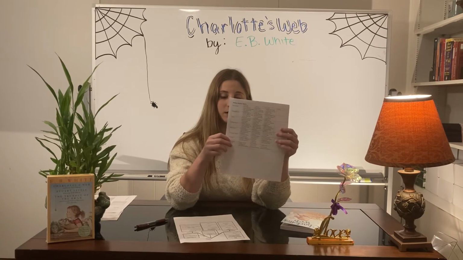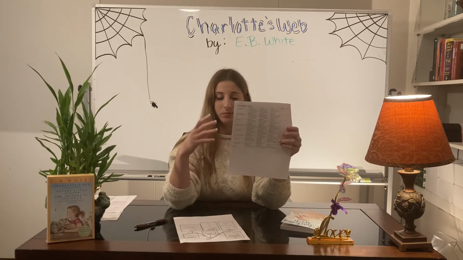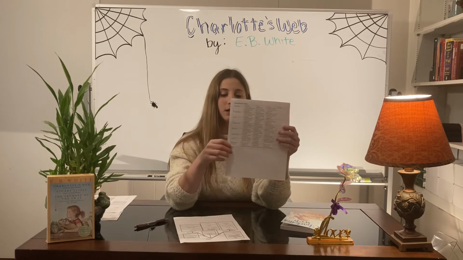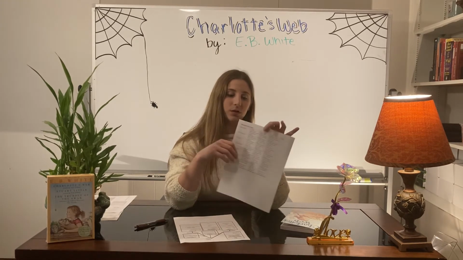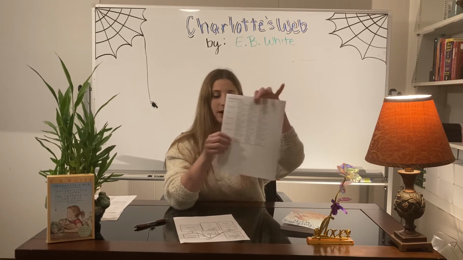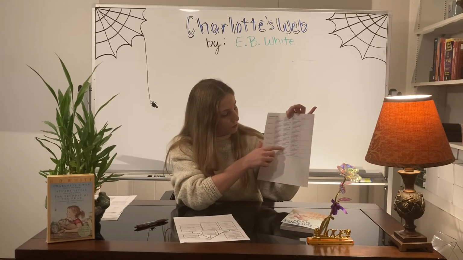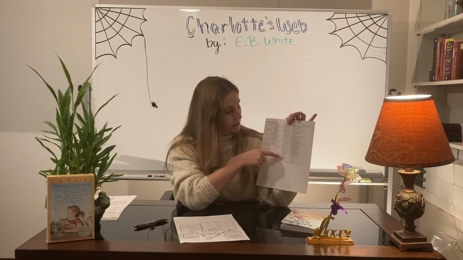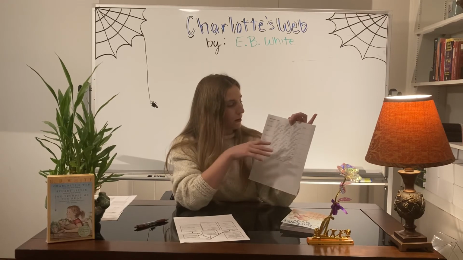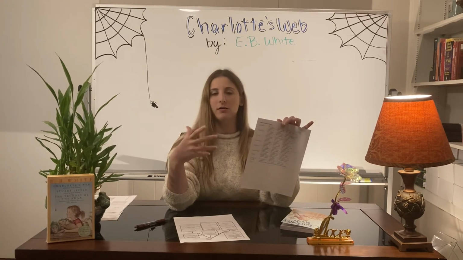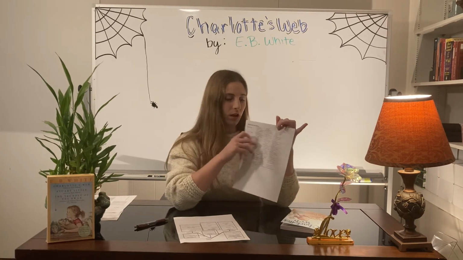For setting, the setting is described with actual evidence from the text. And then it just goes on: characters are not clearly defined, character relationships or roles are not clearly defined, and setting is not mentioned, or is mentioned but without evidence from the text.